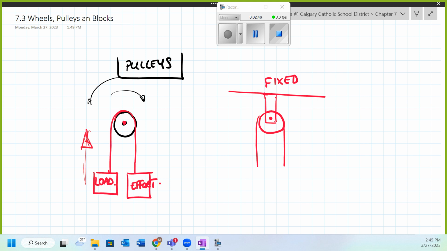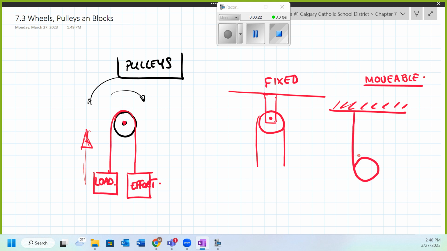The other type is known as the movable pulley. The word is saying it, but what it does is that the pulley itself moves. So a way that you will see a movable pulley is when you have a rope that goes around the pulley like this.